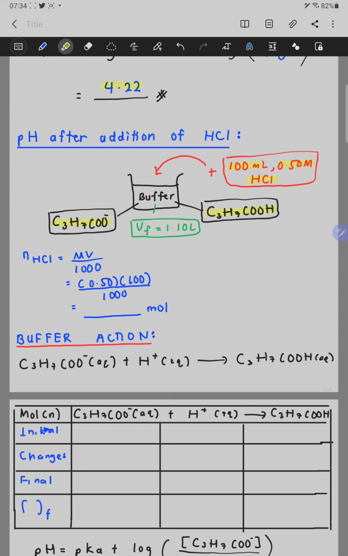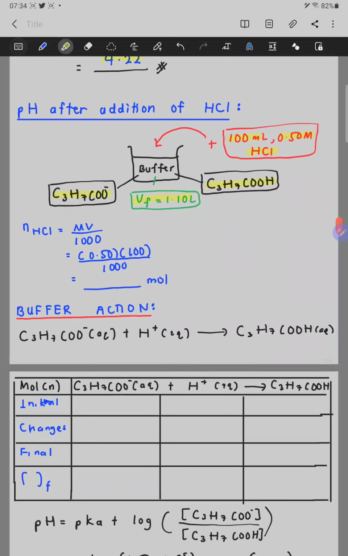So bila dia bagi spesifik volume HCl yang awak tambah, maka dekat sinilah yang berbeza dengan example 1 tadi. So right now volume buffer ni dia dah berubah daripada 1 liter menjadi 1.10 liter. So bila volume buffer after addition of HCl ini berubah, maka untuk cari the new pH of buffer ni, ice table itu mesti dalam bentuk number of mole.